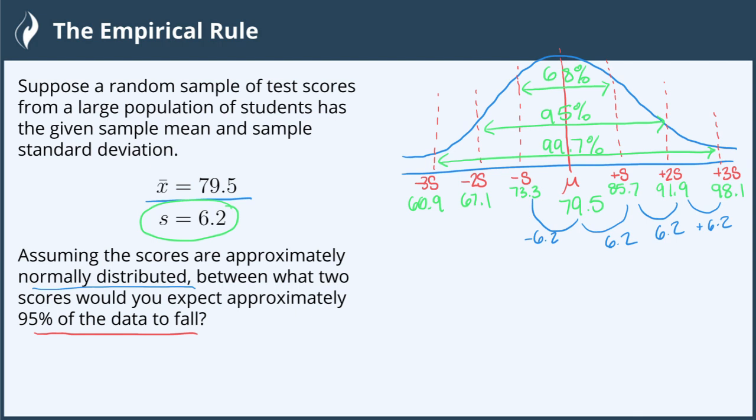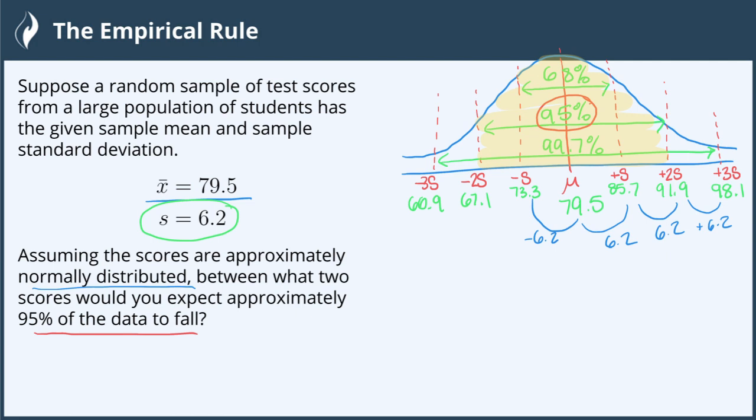So in this case, we are looking for 95% of the data approximately, and it will fall between 2 standard deviations of the mean. That means between here and here, all of this data is approximately 95% of the data. And then we can go find the scores that give us those 2.